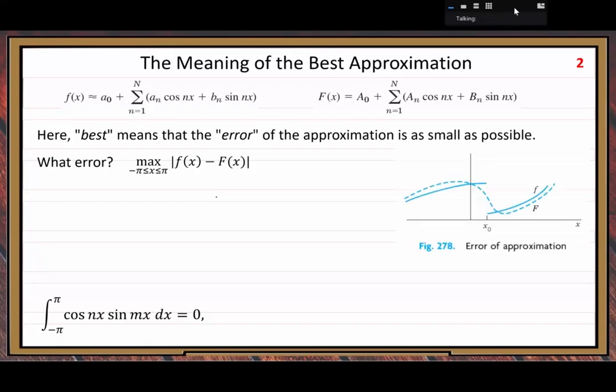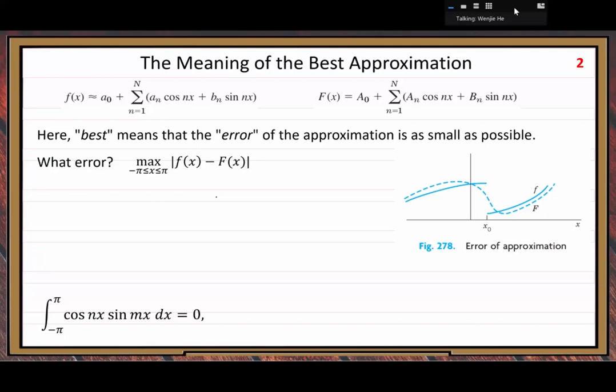But with this way, we draw the graph. The solid lines correspond to the original function, right?